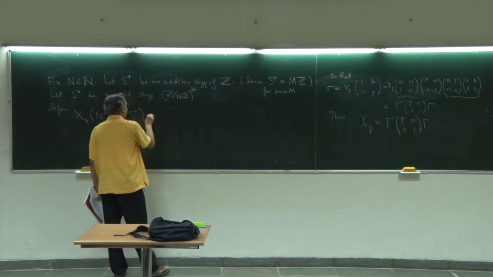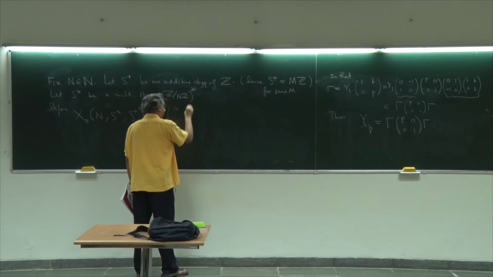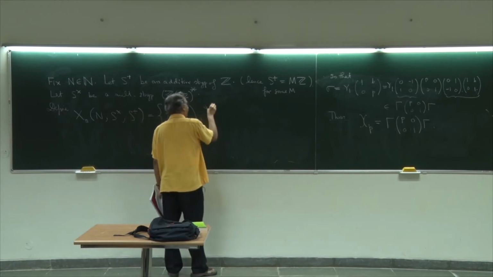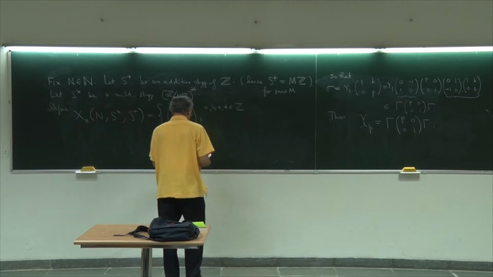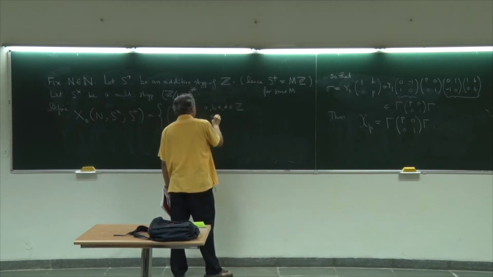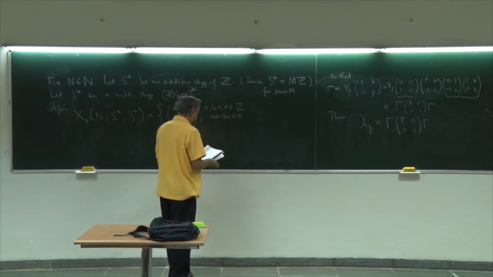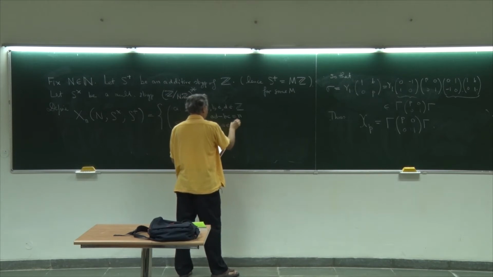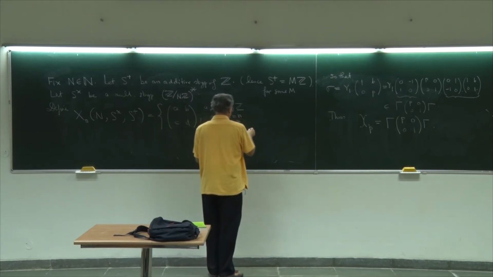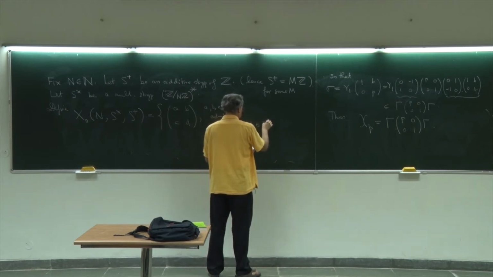It's going to consist of matrices A, B, C, D with integer entries such that the determinant is n, and A is in S^×, B is in S^+, and N divides C.